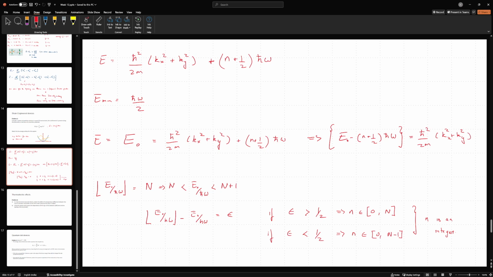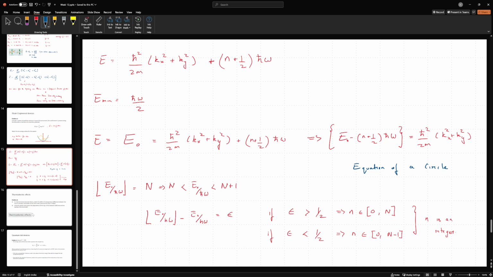Now you can readily see that this is the equation of a circle, because this quantity for various values of n is going to be a constant, and the maximum value of n can be either N or N minus 1 depending on the ratio of E naught by h bar omega.